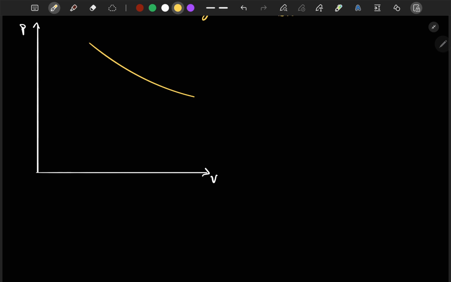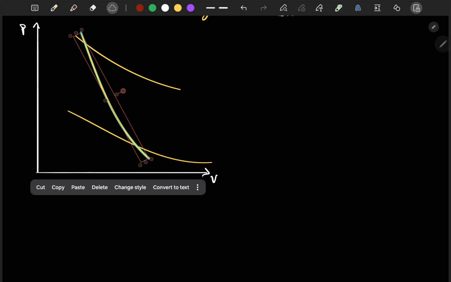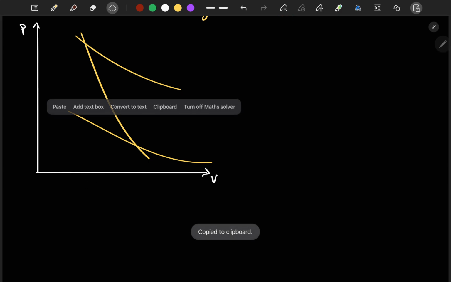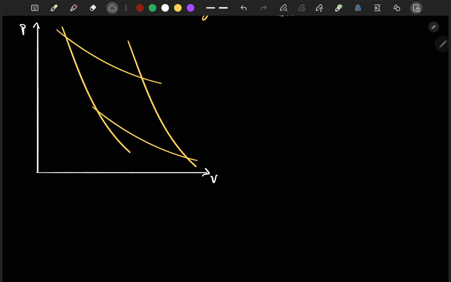Let me draw the diagram first. So this cycle is called the Carnot cycle.